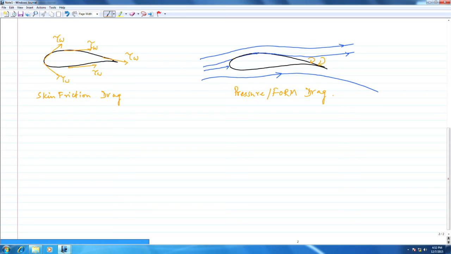There's a very simple and very interesting method of doing that, and what we're going to do is use the momentum equation to evaluate this drag.